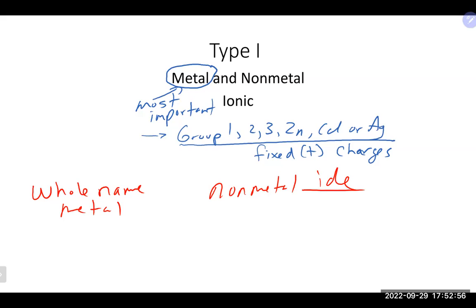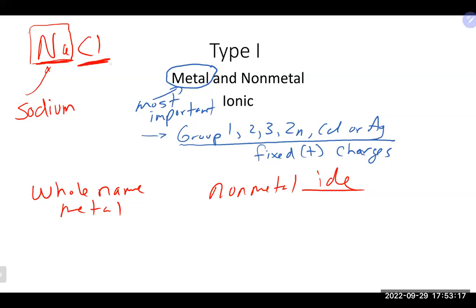That's all she wrote. So if we take something like NaCl, this is a metal. Cl is a non-metal. Once again, it is the metal that is the most important here. And that is group 1, which means that's all we need. We use the whole name of the metal, which is sodium. Chlorine gets the -ide at the end of it, and it becomes sodium chloride.